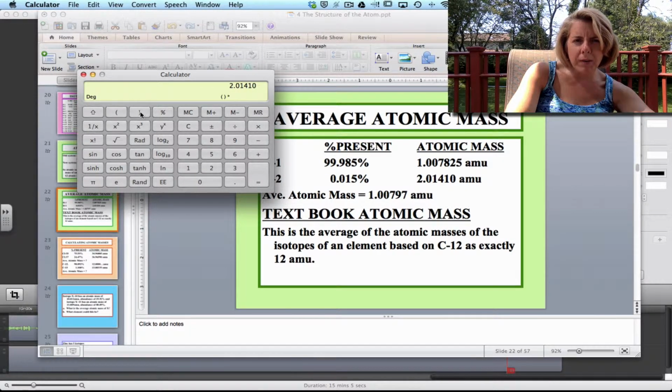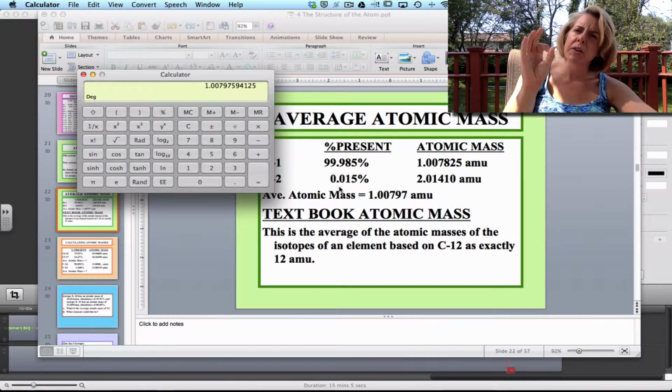Notice I'm using parentheses around this second equation. Okay, I've essentially calculated what you see at the bottom here, 1.00797 AMU. That's how you calculate the atomic mass that you see on the periodic table.